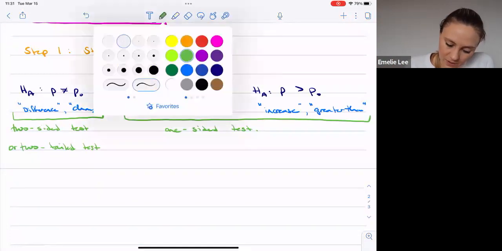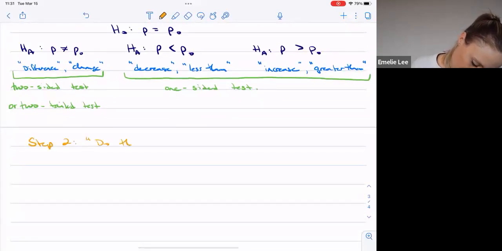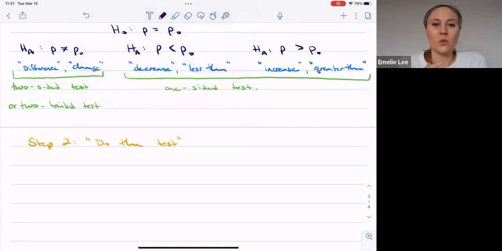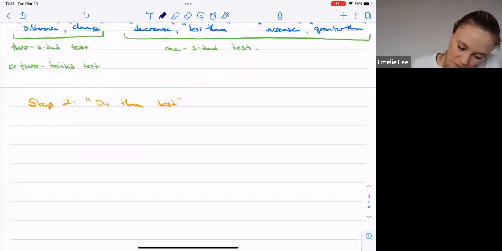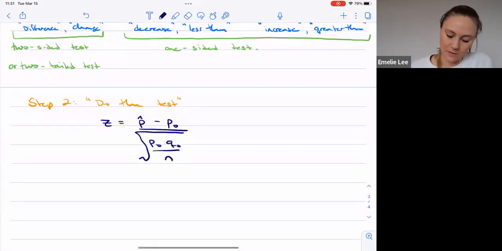I'll put step 2 on the next page here. Step 2 is to do the test, which for a one sample proportion means calculate a Z-score. And what's our Z-score going to be? Z is p hat minus p naught over the square root of p naught q naught over n.